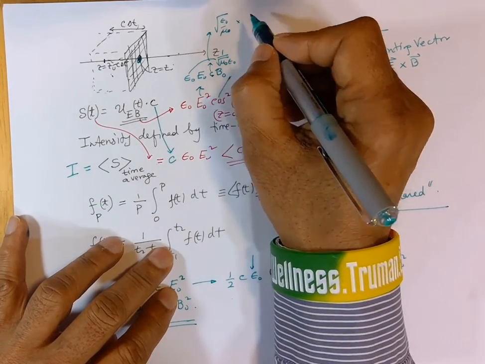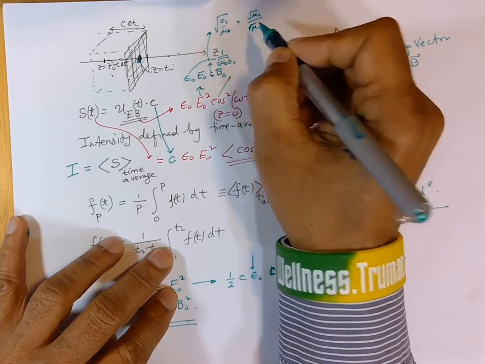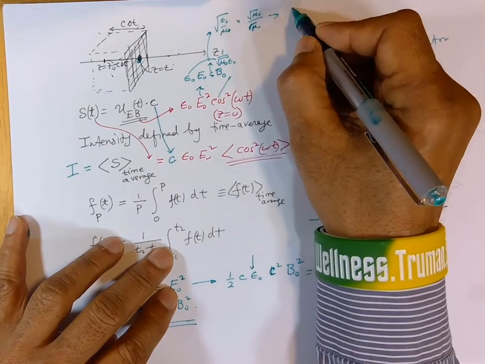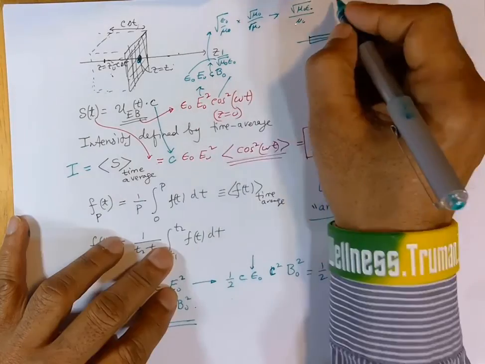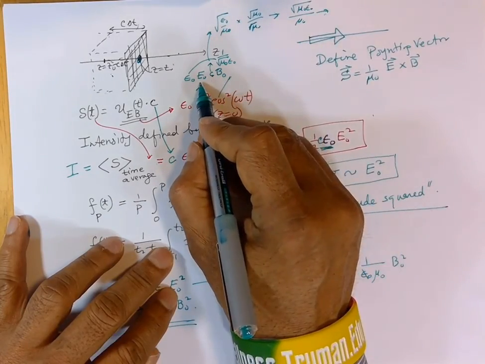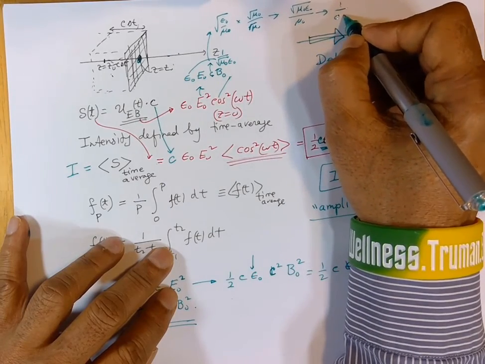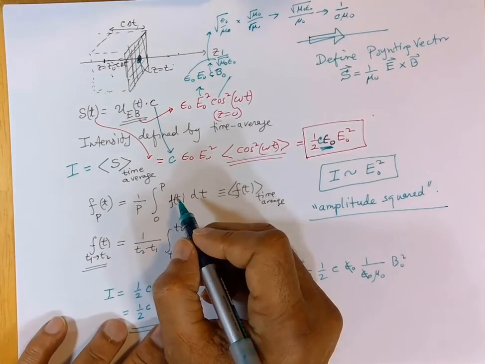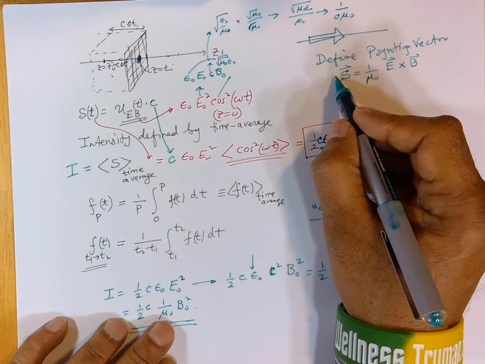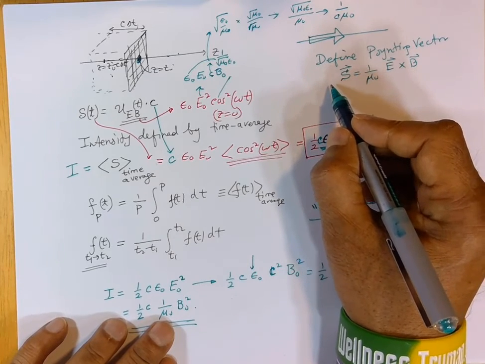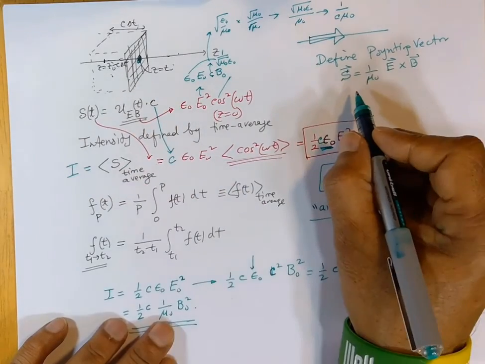So if I multiply this with the square root of mu naught, this will become square root of mu naught epsilon naught over mu naught, and I'm just looking at the constants, okay, you can see it becomes 1 over c mu naught. Guess what? If I multiply this by c, I actually end up very similar to the intensity.